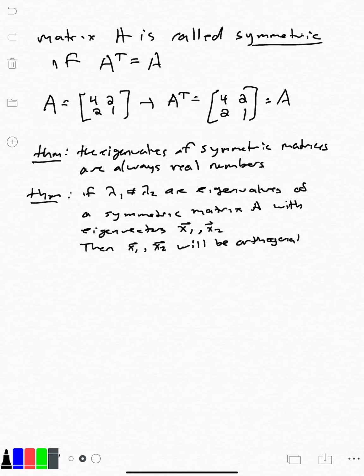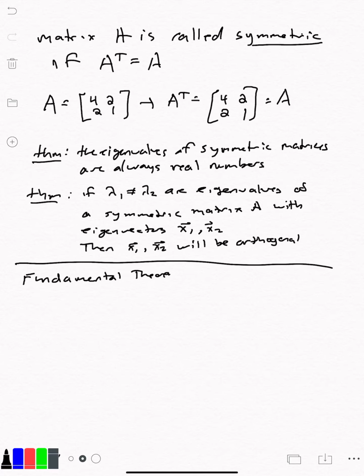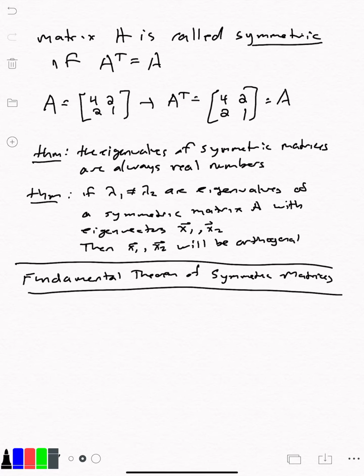And so this then kind of ties into the following here, which is the big theorem for this section. It's called the fundamental theorem of symmetric matrices. And it says the following here.